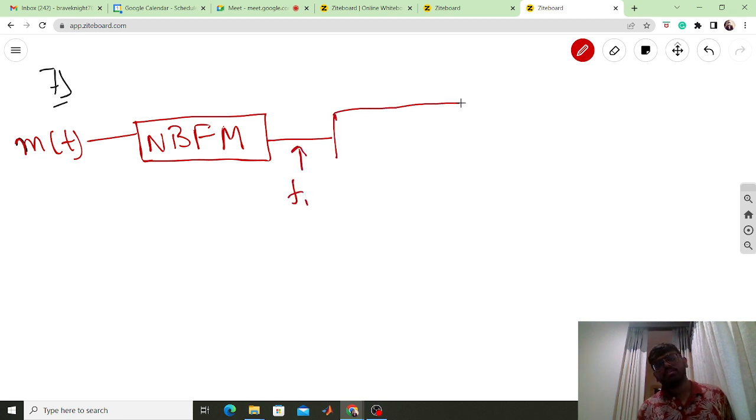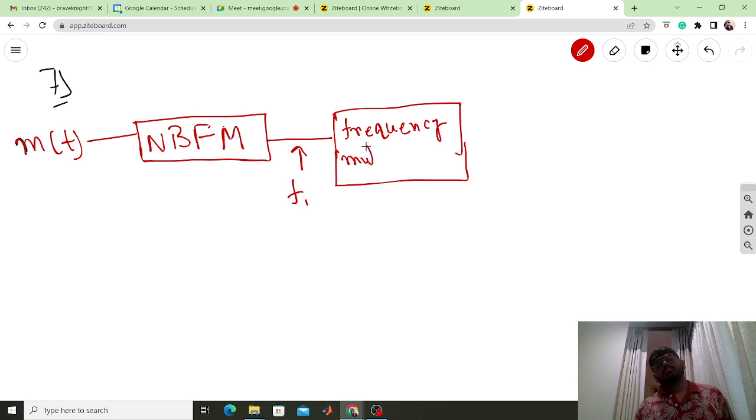Then next it is going to a frequency multiplier, that is N1. Then here is a local oscillator, FLO.